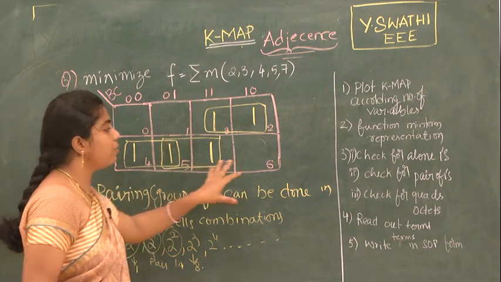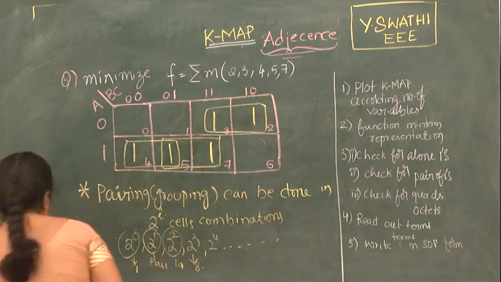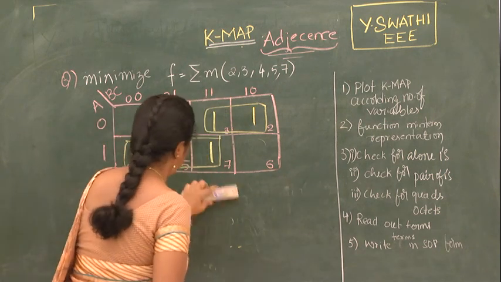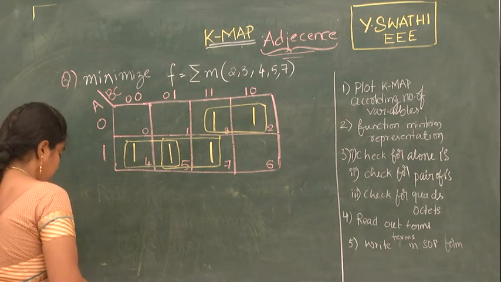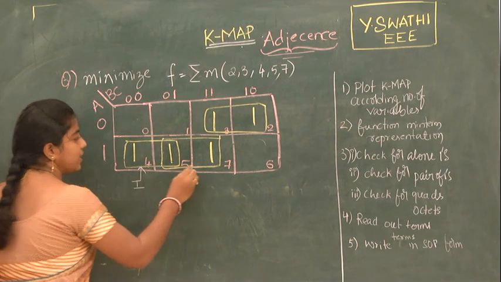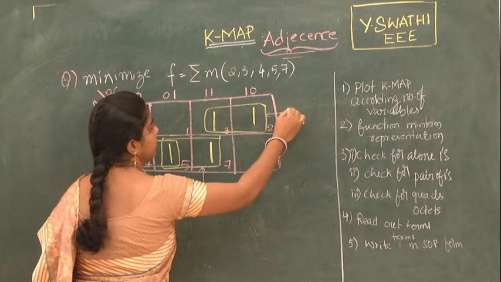So, we will read out the terms and then we will write in the SOP form. While reading out the terms, each group term can be represented like this: 1, 2 and 3.